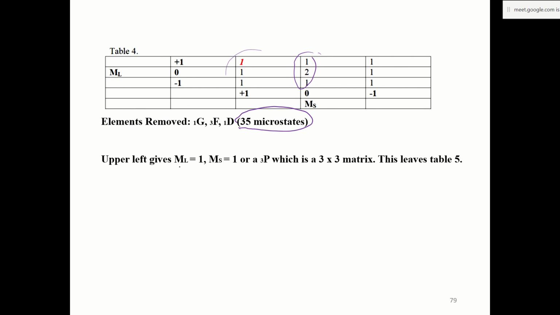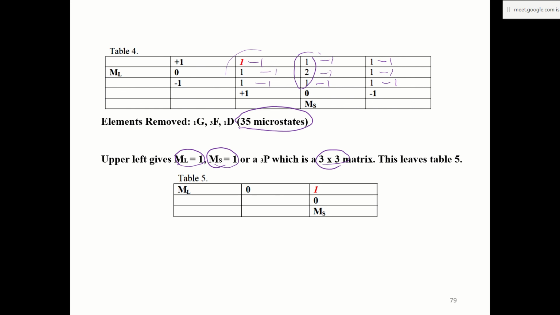Now you are left with ml 1, ms 1 as the term. So 3P, which is a 3 by 3 matrix again. So 9, again subtract minus 1 minus 1 minus 1. So this will give you only 1 left, the rest of it will be gone.